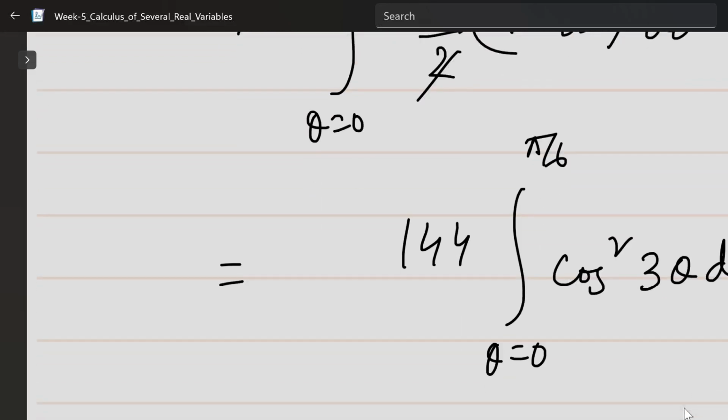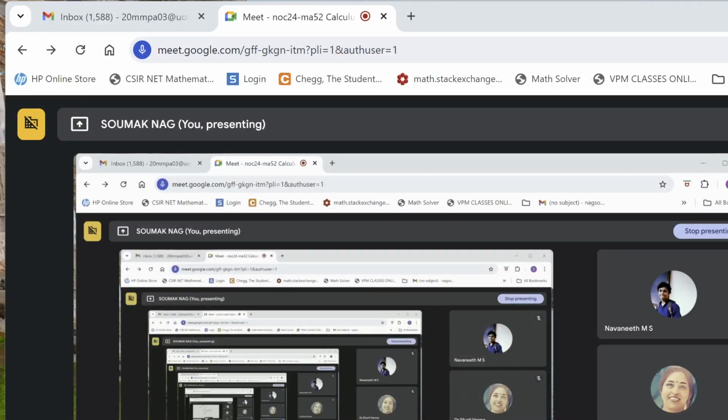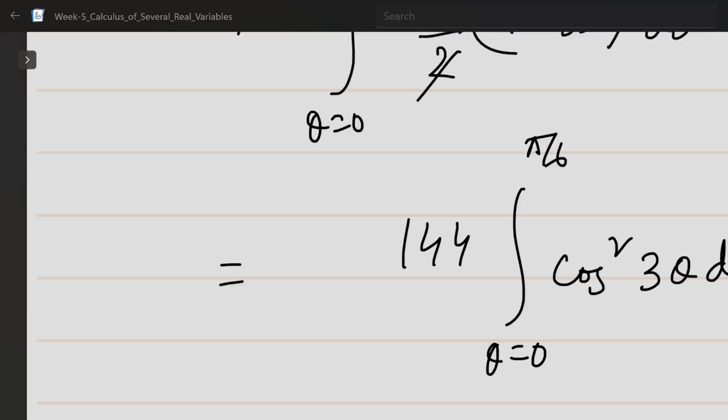How do we find this cos square integral? Any idea? Okay. Cos square integral, any idea? Cos square theta is (cos 2 theta plus 1) by 2. Yeah, correct. So you have to write it in trigonometric form, multiple angle. 1 plus cos 6 theta.